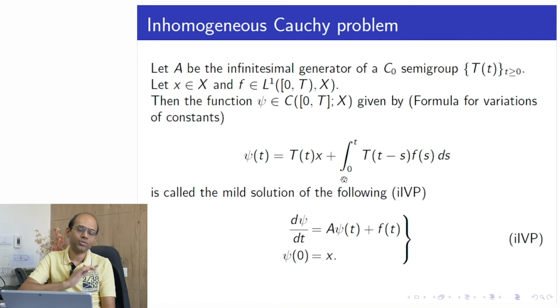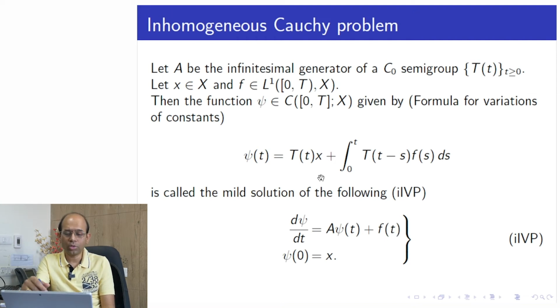Now we have seen for the HIVP that if psi t is defined as T(t) x, then that is called the mild solution for the homogeneous initial value problem. Here we have an additional term f. If you put f equal to 0, then this IIVP becomes the HIVP, the homogeneous initial value problem.